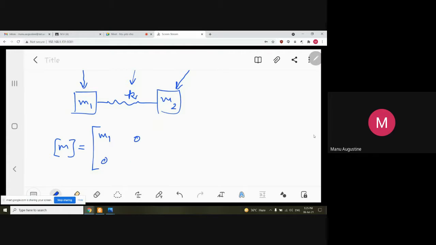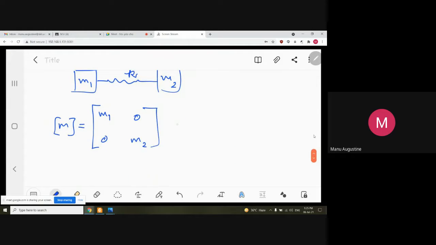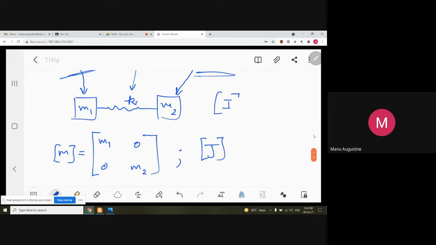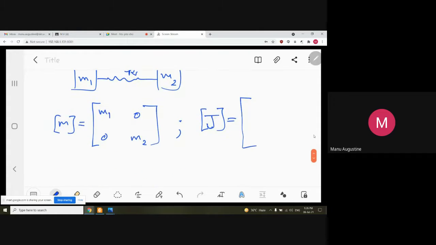M1 0 0 M2, ठीक है। तो अगर मास मैट्रिक्स बन रही है, सिमिलरली यू कैन प्रिपेयर एन इनर्शिया मैट्रिक्स, ठीक है। इनर्शिया मैट्रिक्स को अपन J मैट्रिक्स लिख देते हैं, क्योंकि I मैट्रिक्स का मतलब आइडेंटिटी मैट्रिक्स होता है। हालांकि नोटेशन के हिसाब से इनर्शिया की मैट्रिक्स बनानी चाहिए, लेकिन अगर I मैट्रिक्स लिखूंगा तो एग्जामिनर एक्सपेक्ट करेगा कि आप आइडेंटिटी मैट्रिक्स बनाने जा रहे हो, इसीलिए I की जगह J यूज कर लेते हैं अपन। सो J मैट्रिक्स वुड बी वेरी सिमिलर। M1 M2 की जगह I1 और I2 डैश लिख दोगे, दैट्स इट. So here you will get I1 0 0 I2 dash.